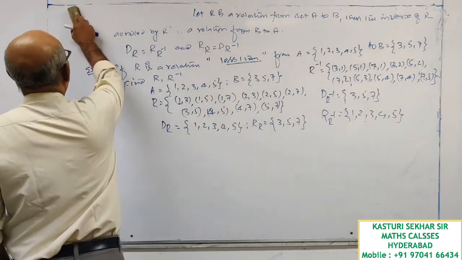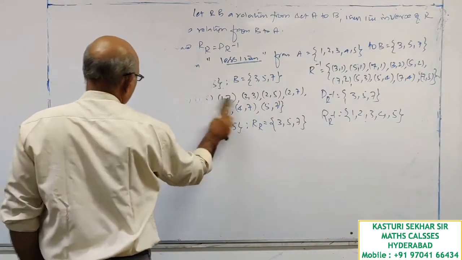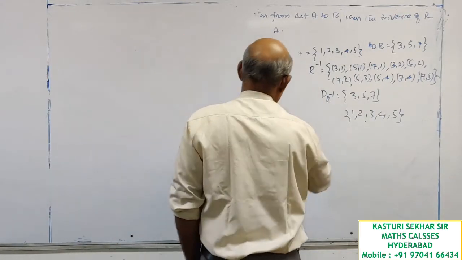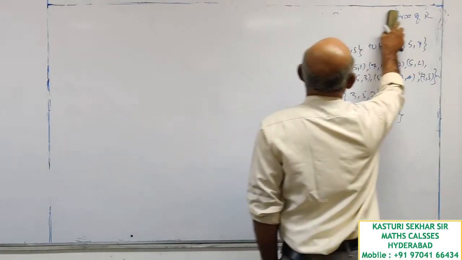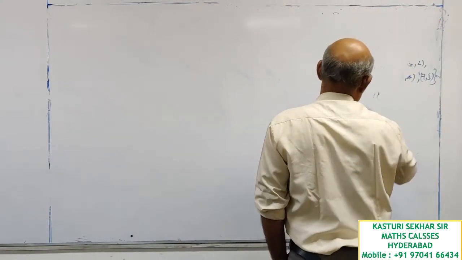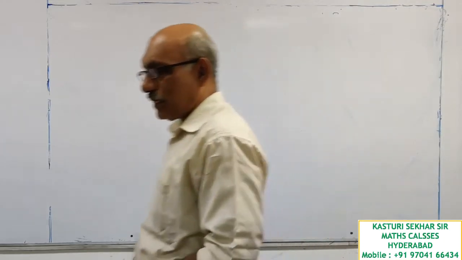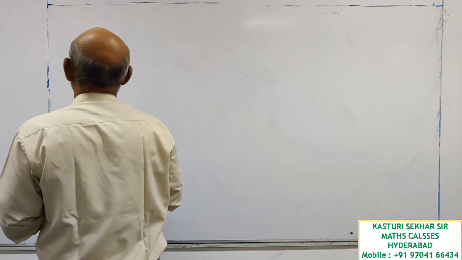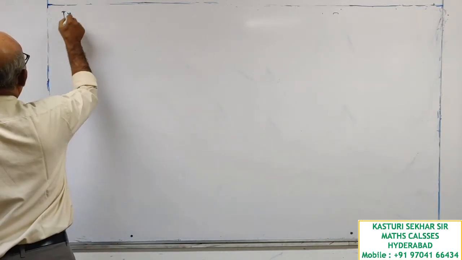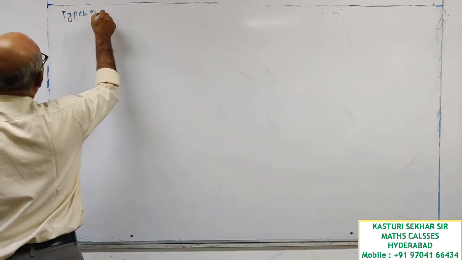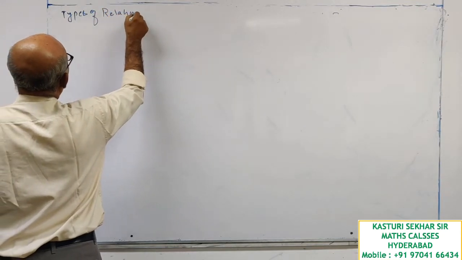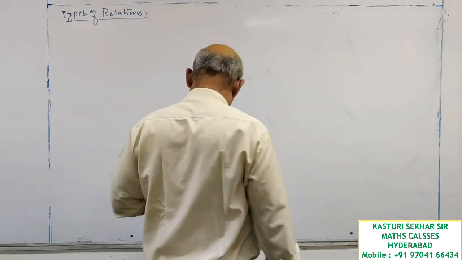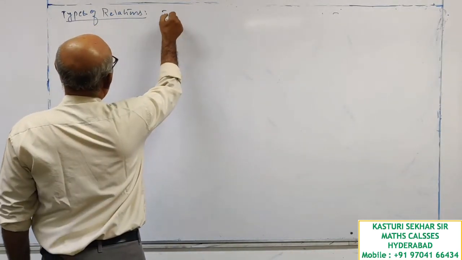Next. Types of relations. First one is identity relation.